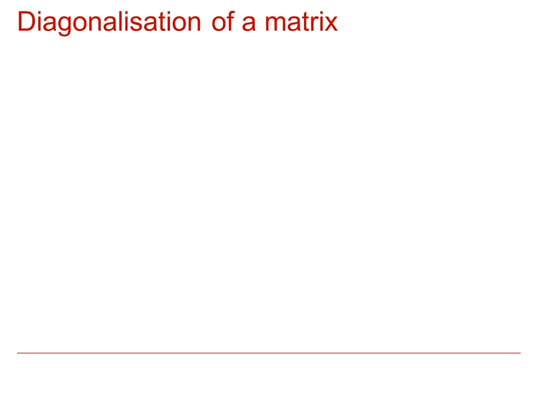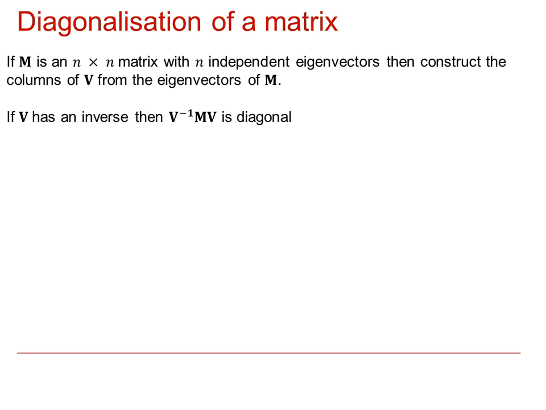By diagonalization of a matrix, we say that if M is an n by n matrix with n independent eigenvectors, we first of all construct V from the eigenvectors of M. And then as long as V has an inverse, we can say that V inverse MV is diagonal.